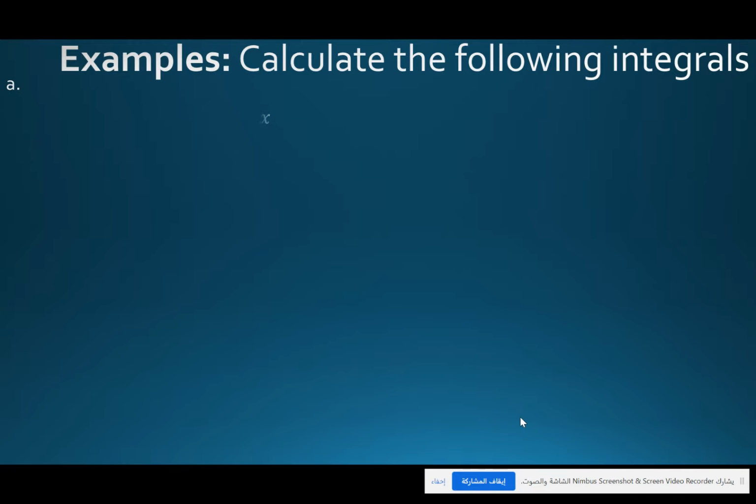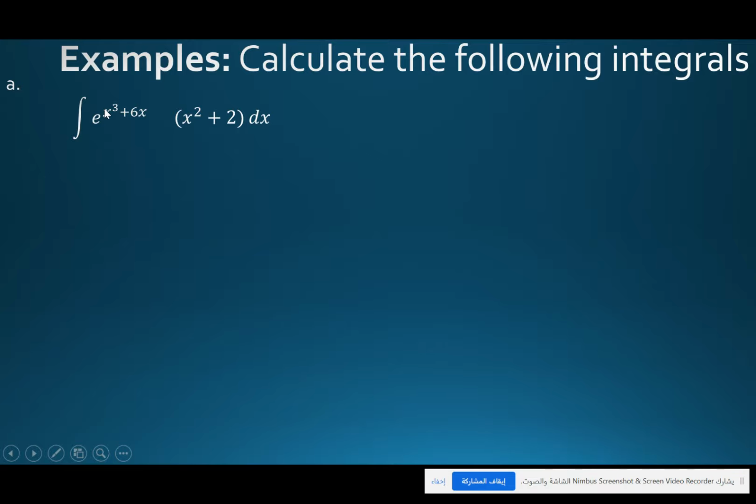The next example is about integration of an exponential function, which has e to the power of x cubed plus 6x, multiplied by x squared plus 2, dx. You can see that the power is non-linear. Why is it non-linear? Because the highest power of x is not equal to 1.